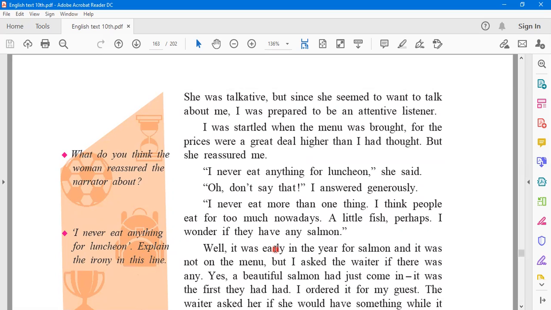She was very fond of eating, but not by spending herself, but by making others pay for the items that she wanted to eat. She took advantage of people.